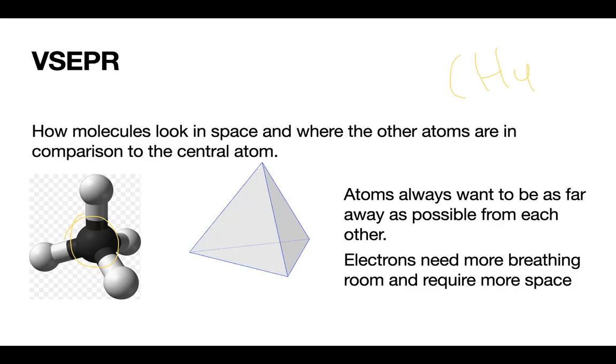Something you guys don't have to do, but I recommend it, is to buy a little molecule kit so you can make something like this. This is what we have on the screen, but being able to hold it in your hand helps out a lot.